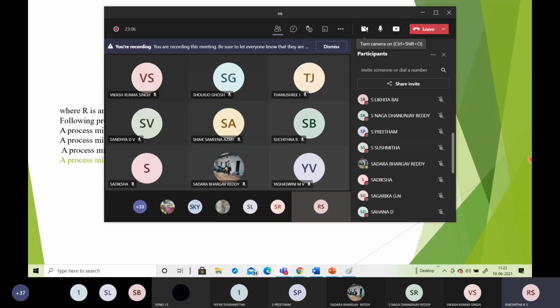Can you tell which concepts we had done in process synchronization? Okay, at least tell what are the solutions for the critical section problem. How are we going to solve the critical section problem?